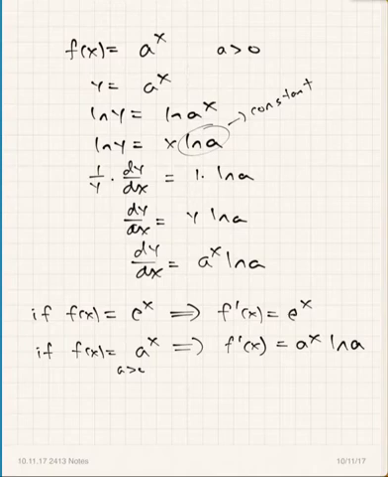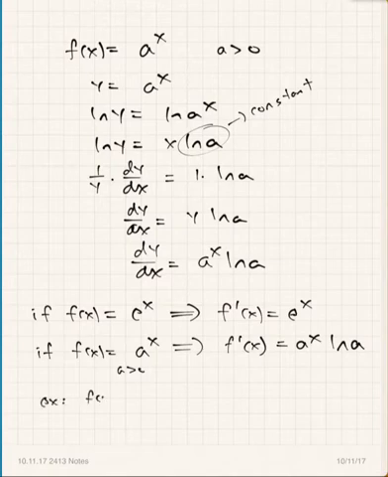The property for e to the x is just a more specific version of the second property there. It's for the case where the base happens to be e. So notice that when the base is e, you actually have a simpler form for the derivative than if the base is something else.